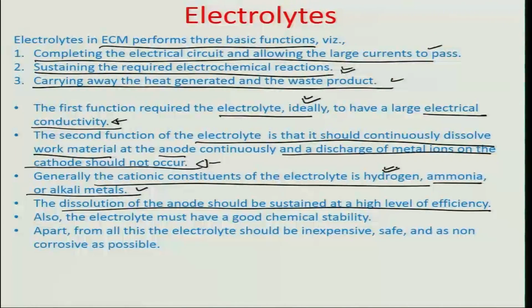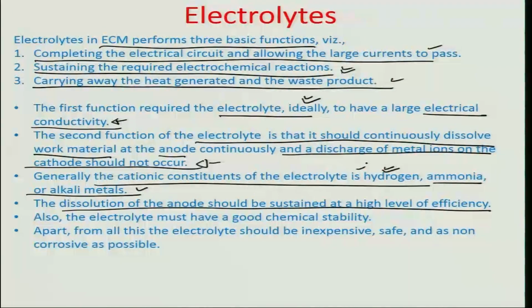So we should avoid the presence of gaseous hydrogen dissolved in the electrolyte. However, if hydrogen is available as hydrogen ion for dissolution of the basic salt which makes the electrolyte, that is more appropriate for having a good conductivity of the electrolyte.